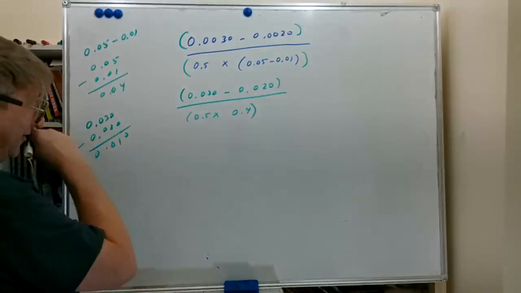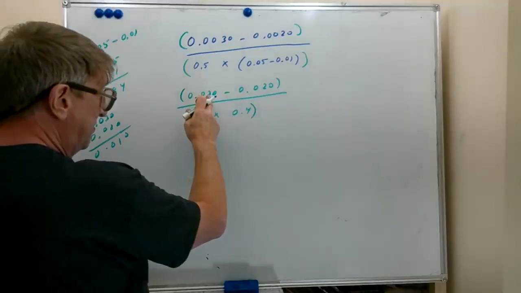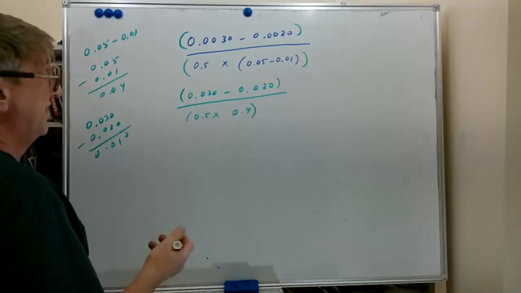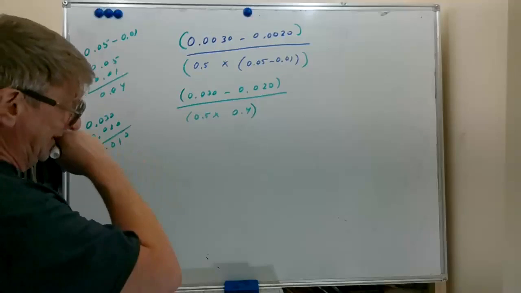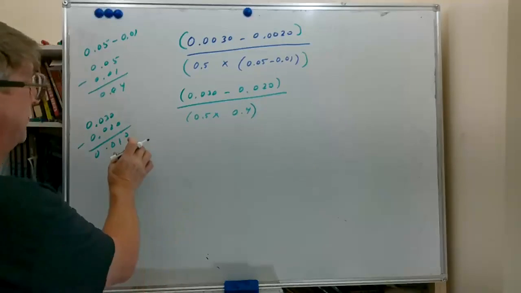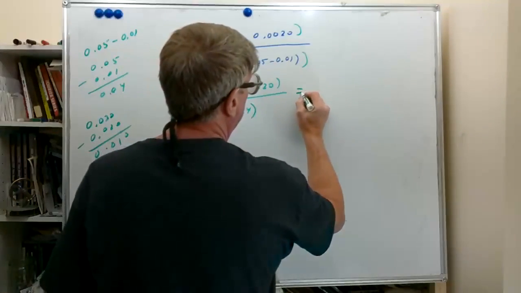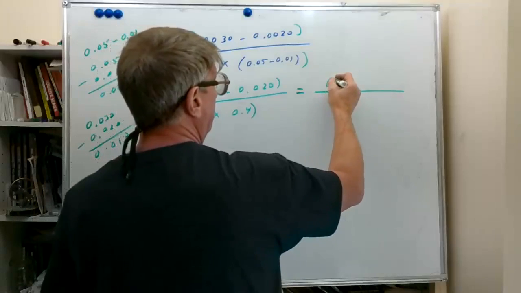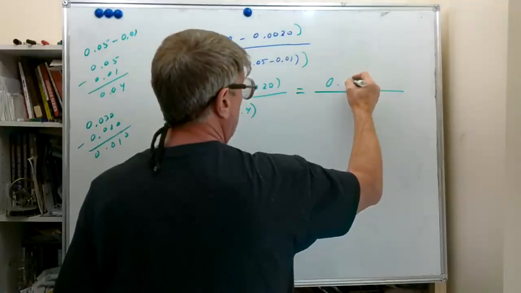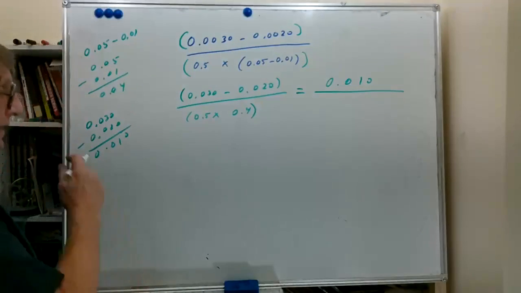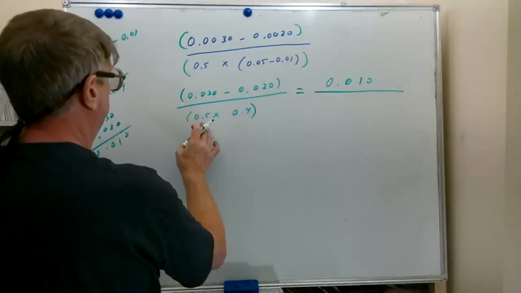We get 10 1,000ths, and if we recognize this was 30 thousandths, this is 20 thousandths. Not too hard to see that 30 minus 20 is in fact 10 1,000ths. But we're going to replace that with this 0.010, or the 10 1,000ths.